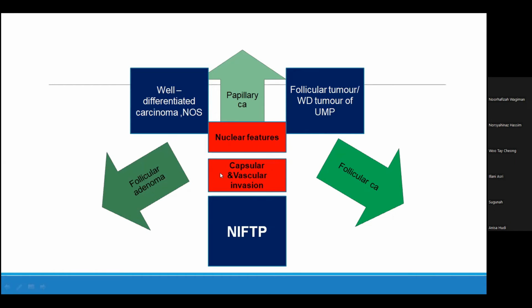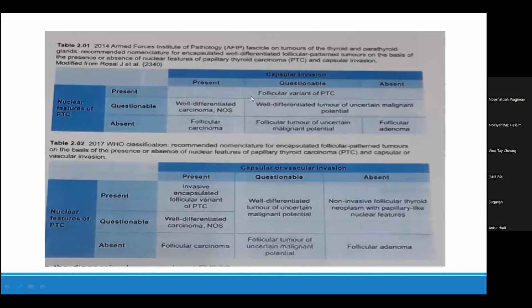When you have capsular or vascular invasion and the nuclear features are ambiguous, it is well-differentiated carcinoma. You can refer to this table in the WHO book, where you have a nice table: nuclear features, PTC present or not, then capsular invasion, present or not. So you choose one of them.